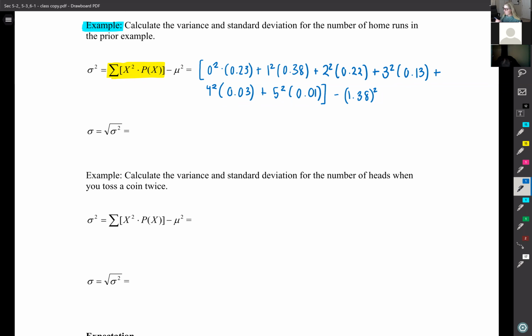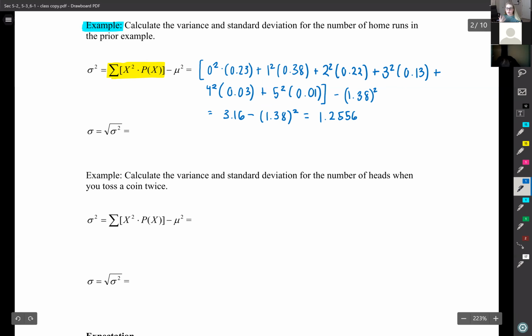Okay, so when you just do that portion, you should get 3.16, and then we just have to subtract 1.38 squared from it. Okay, so doing that on my calculator, I get 1.2556.